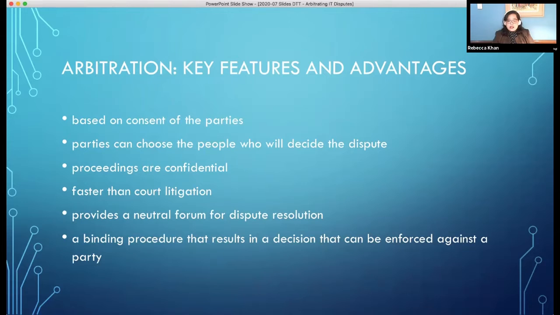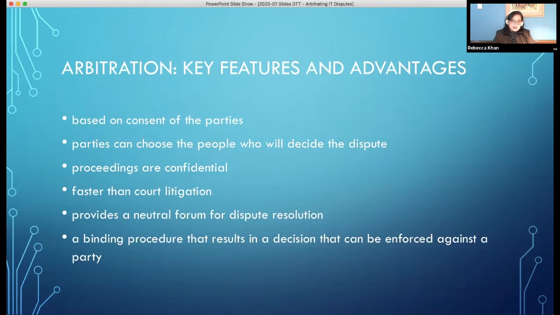So the procedures vary depending on the agreement of the parties and depending on the arbitral institution that's handling the dispute. And we will take a closer look at why it's ideal for parties to choose their arbitrators in just a bit.